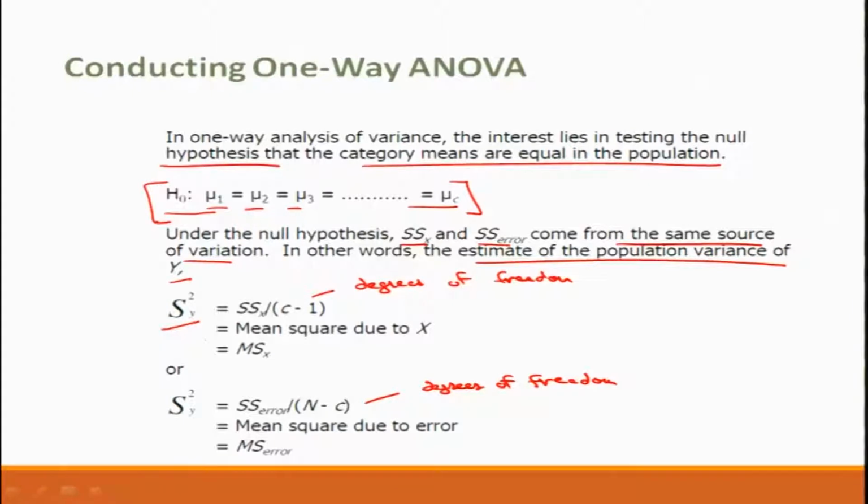This is also my degrees of freedom. So, if you see this estimate of population variance, this is nothing but the mean square due to x, which we denote as MSX, and the second one is the mean square due to error, in which we have the error degrees of freedom, and the category or group degrees of freedom. So, this is MS error. Then we can have the F statistic value here.